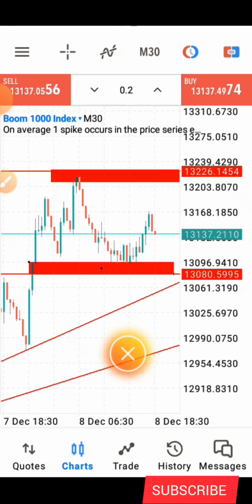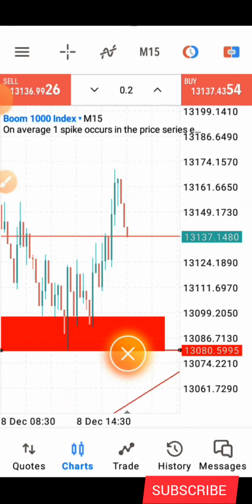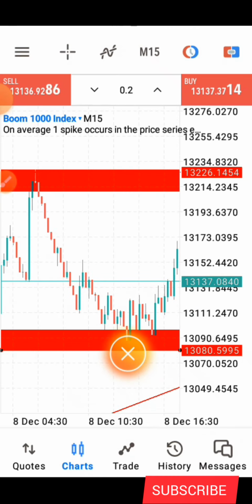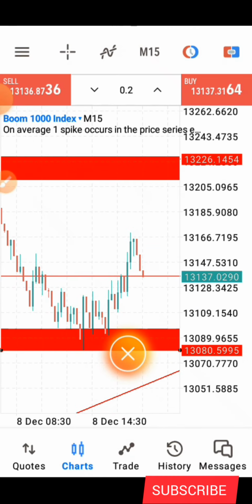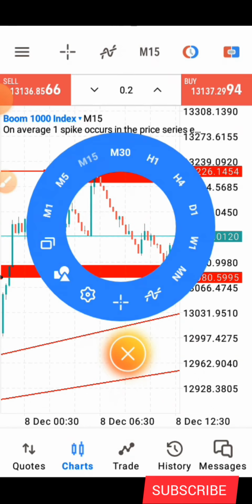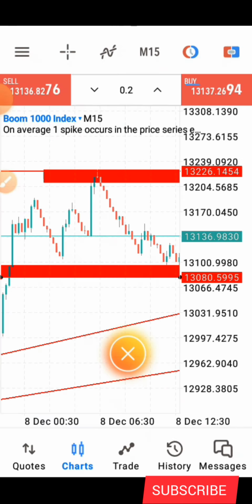There's another zone here. Now that I've identified the zones, I'll step down to the 15-minute time frame and see what's going on down here also. Here on the 15-minute time frame, there is still a zone that we should take note of.